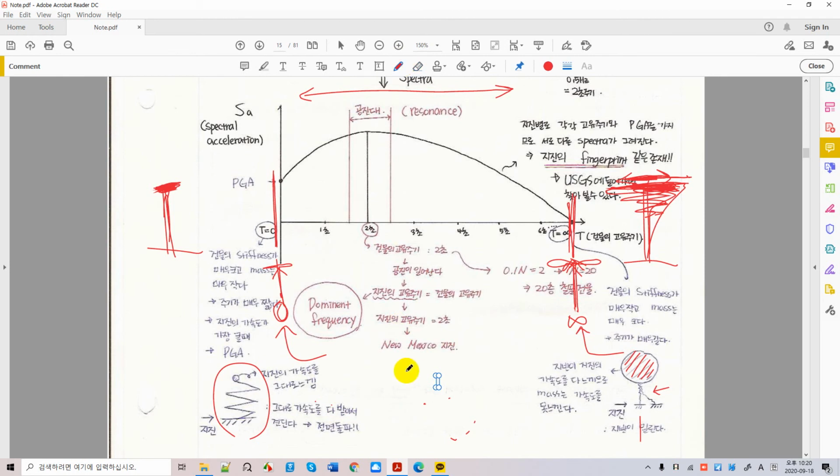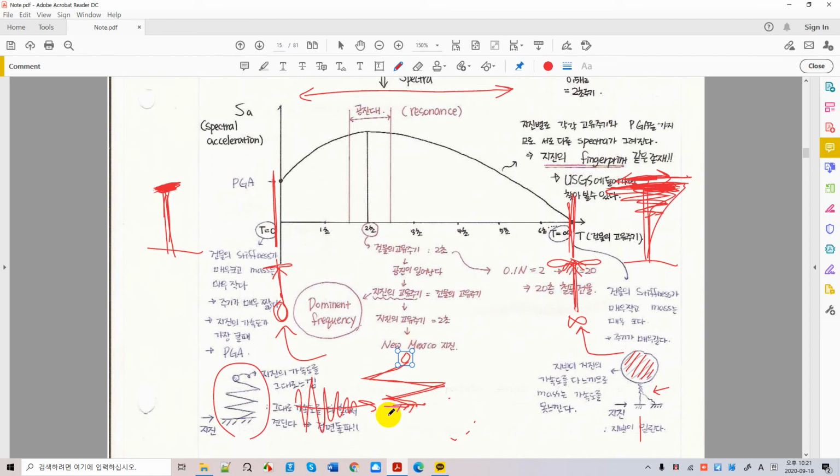Let's say we have a very stiff building, and we have an earthquake like this. We have a very stiff building with big stiffness and small mass.